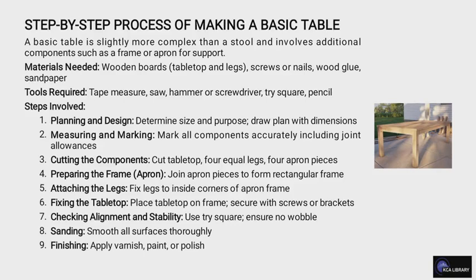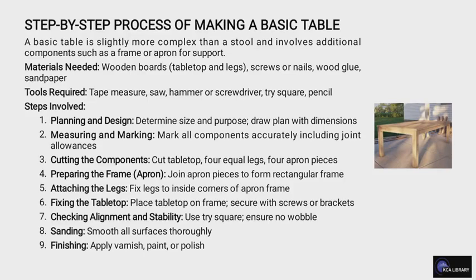And the steps include planning and design, where you determine the size and purpose. You draw a plan with dimensions, and then you measure and mark. Then you cut the components, that is, you cut the tabletop, four equal legs, four apron pieces, and the likes.